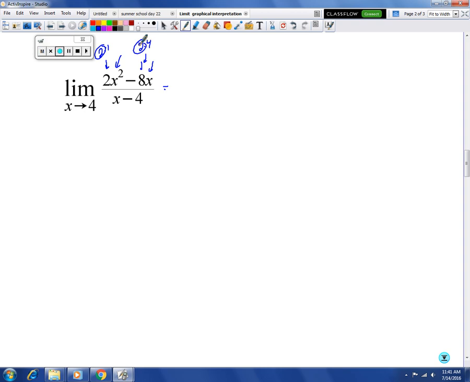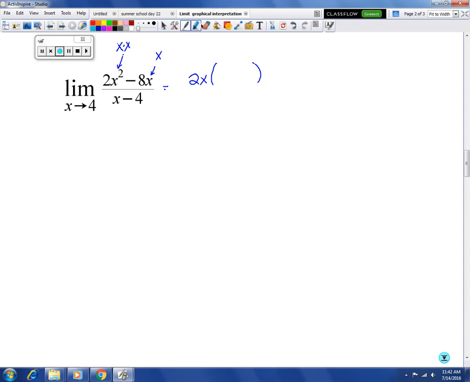What I do is I write what they have in common: a 2 and an x. There's one x in the first term's back, and in the second term there's one x, which means there are two x's in the first. So they have a single x in common. So I put the 2 and the x in front of just one parenthesis.